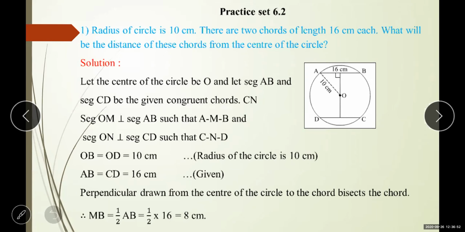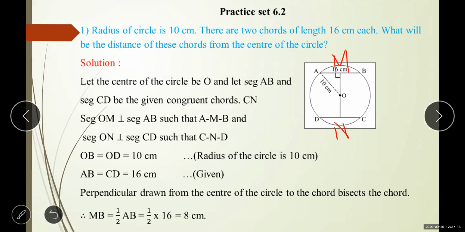Okay. Segment OM is perpendicular to AB, such that A, M, B are in a single line. Now the segment ON is perpendicular to the segment CD. Okay. So D, N and C are on a single line.